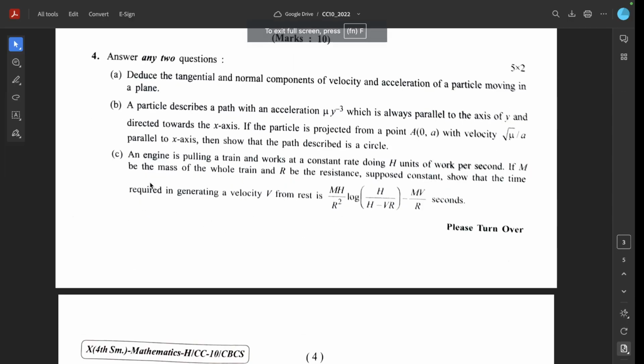Next question, question 4c. An engine is pulling a train and works at a constant rate doing H units of work per second. If m be the mass of the whole train and R be the resistance, supposed constant, show that the time required in generating a velocity V from rest is this many seconds.